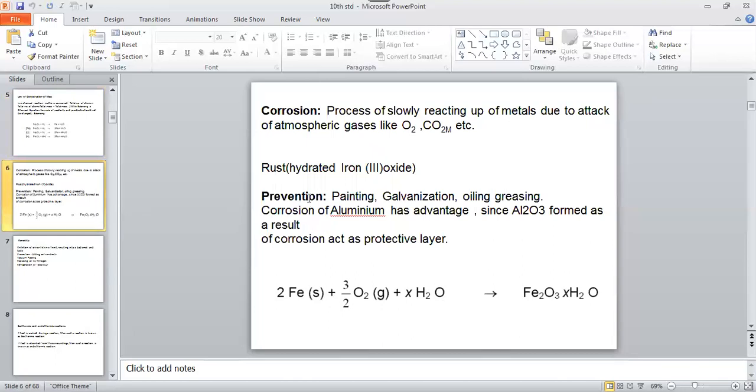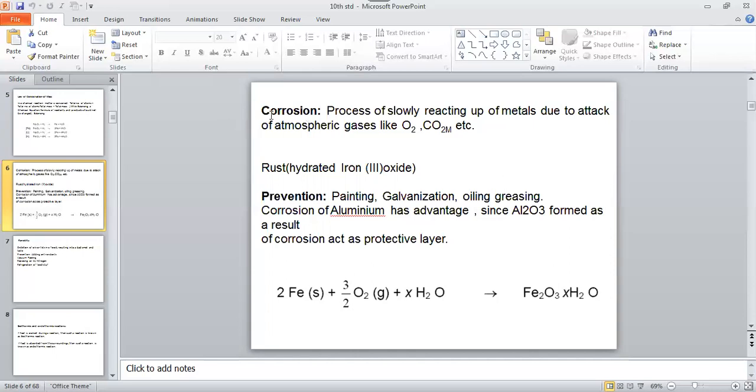Next part of this chapter is to study corrosion. Simply, corrosion means metals react with atmospheric oxygen, carbon dioxide, and water vapors, and these metals are converted into their oxides.